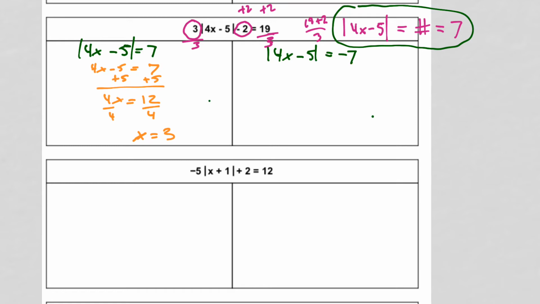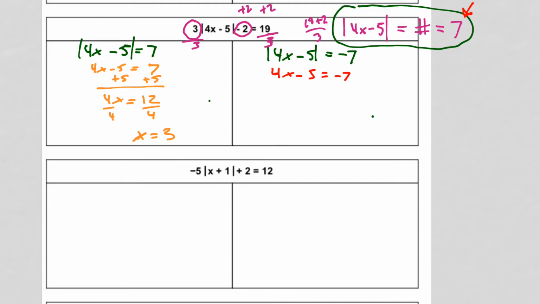You can also solve them graphically, as you saw when you type one equation into Desmos and then the other equation you set equal to, let's say, y equals that number, and the 2 points where the graphs intersect will also be your solutions. But we're solving this by hand, so drop the brackets. 4x minus 5 equals -7.